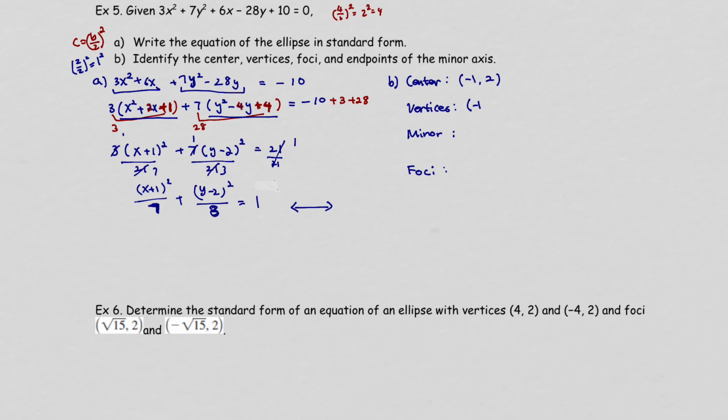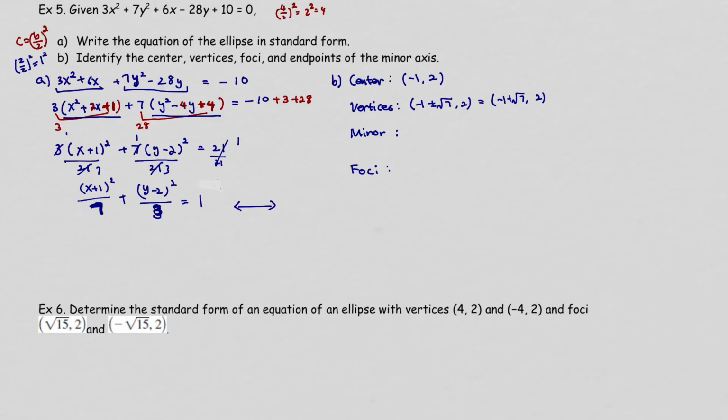How do we find it? A is going to be square root of 7. B is going to be square root of 3, right? So it will be plus minus square root of 7 to x, which will give you negative 1 plus square root of 7 with 2, and negative 1 minus square root of 7 with 2.